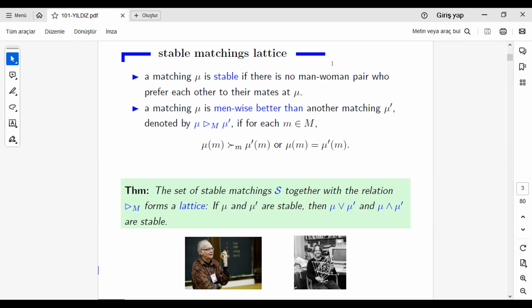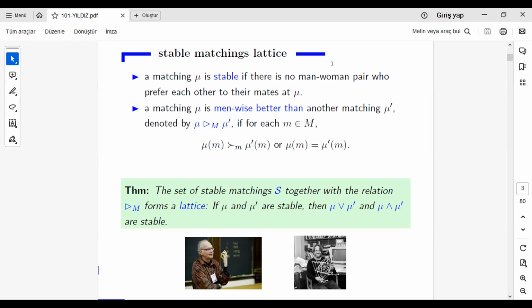A very early fundamental fact is that the set of stable matchings under this man-wise comparison forms a lattice. Let me be more precise.